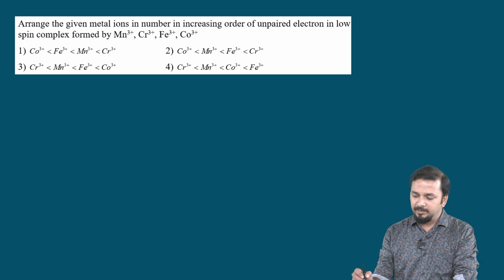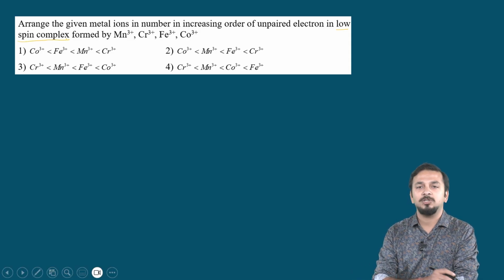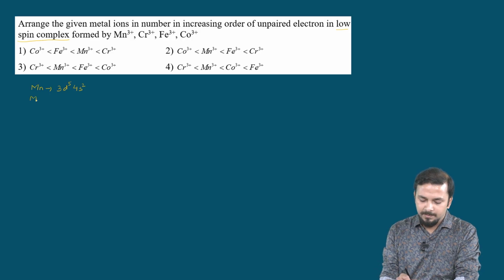Now they are saying low spin complex. Low spin complex means there should be pairing of electron, and we have Mn plus 3 ions. So if you see manganese, we know manganese configuration is 3d5 4s2. Now Mn plus 3 will have 3d4 configuration.